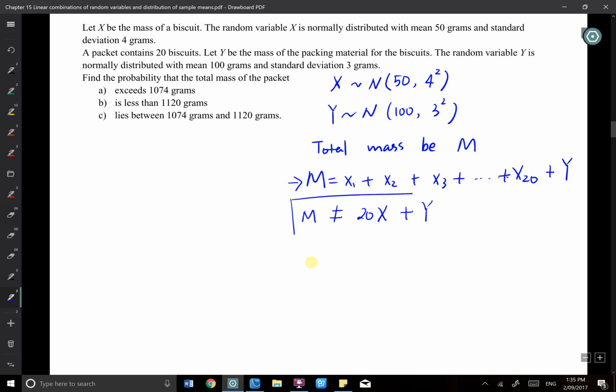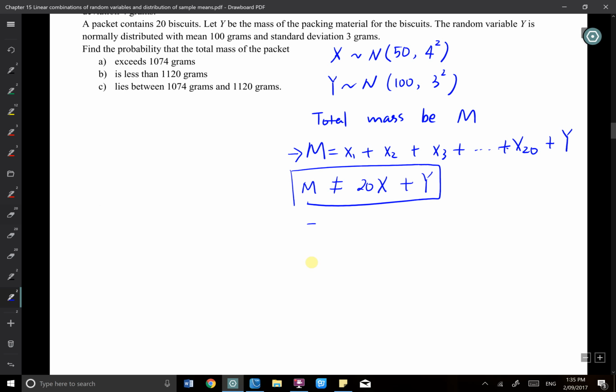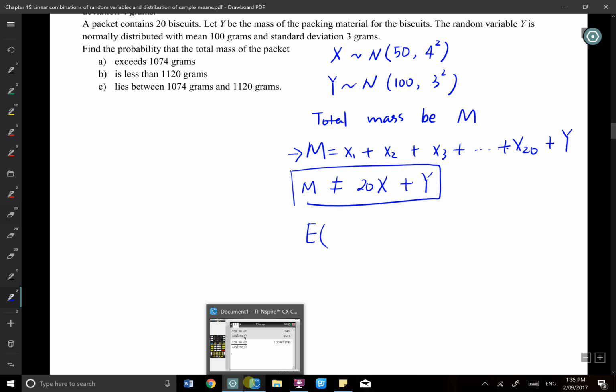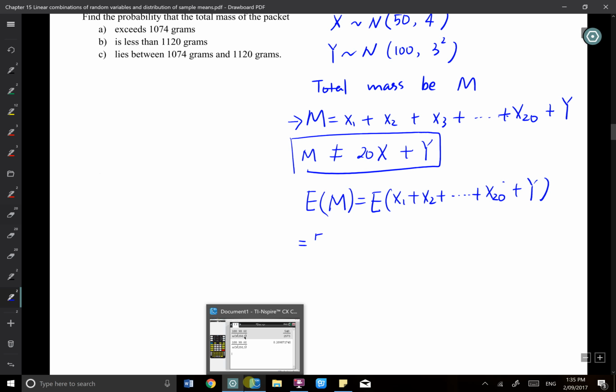Okay, let's leave this here. Let's have a look. What's expected M? Expected M is the expected value of x1 plus x2 plus ... plus x20 plus y. That equals expected x1 plus expected x2 plus ... plus expected x20 plus expected y.